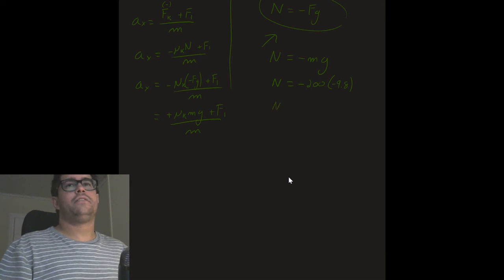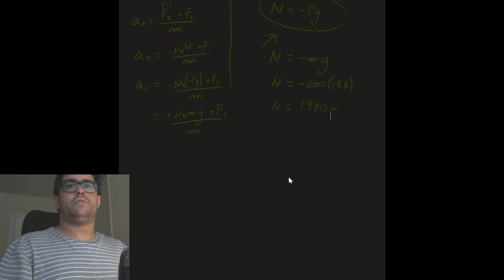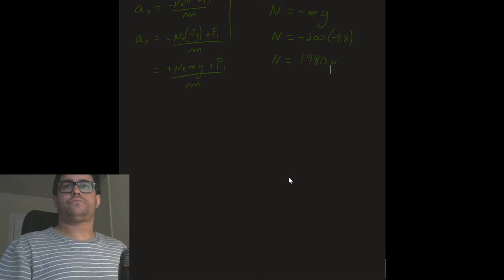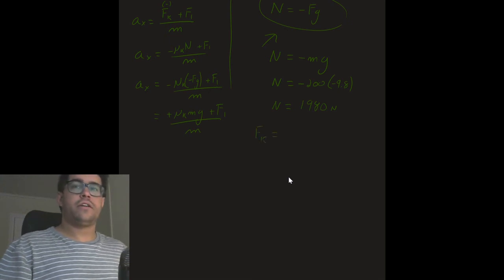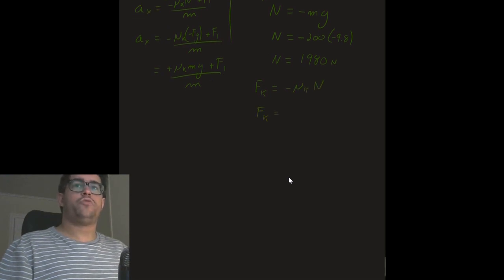N is 1960 Newton. And after this n, you could either put it in here, or you can even find Fk at this point. Say, oh, I have n, I can find Fk. Instead of doing algebra, I took the one formula, found something.